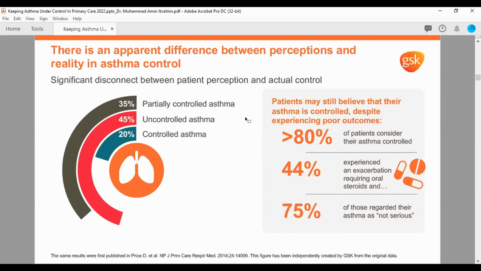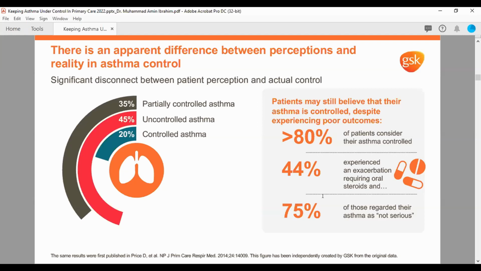But if we ask patients how they describe their asthma control, more than 80%, the opposite, consider the asthma control is well. In fact, almost half, 44%, experience asthma exacerbation that requires oral corticosteroid. We call it severe exacerbation.